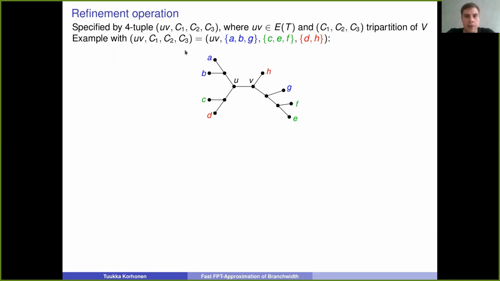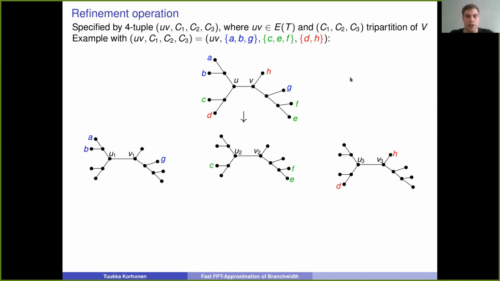So let's consider this branch decomposition, and let's say that the edge UV is here in the middle, and this tripartition is the partition into these blue, green, and red elements. What happens first is that we take 3 copies of the branch decomposition, but for each copy we keep only the leaves from the corresponding part of the partition. So here we keep only blue, here only green, and here only red leaves.